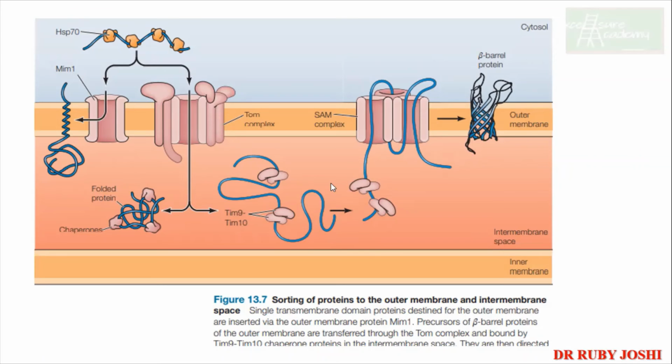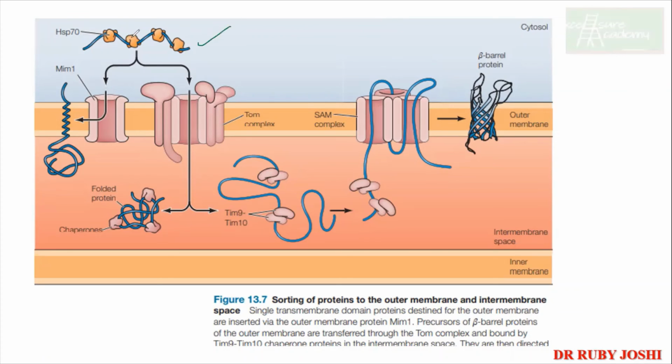Okay, so it gets folded, and on the other side TIM9 and TIM10 are present, so that it remains unfolded. And then this chain goes up to the SAM complex, which pushes it to the outer membrane and forms beta barrel proteins. Okay, not bad, good. So a little addition to this.